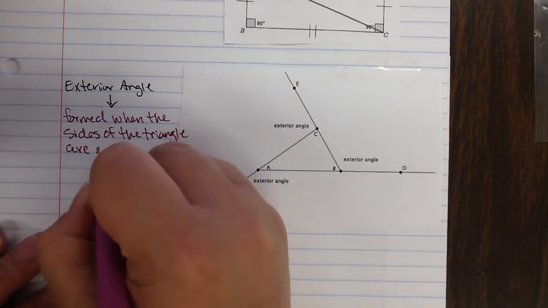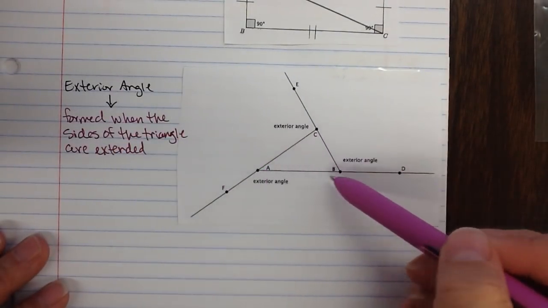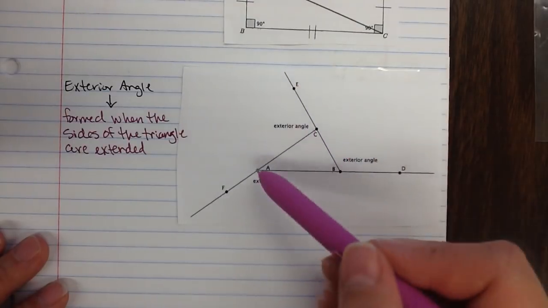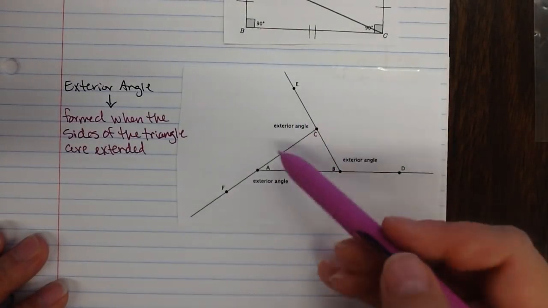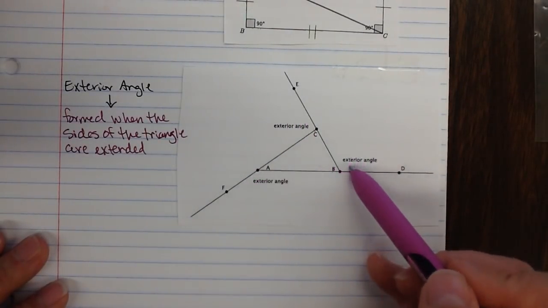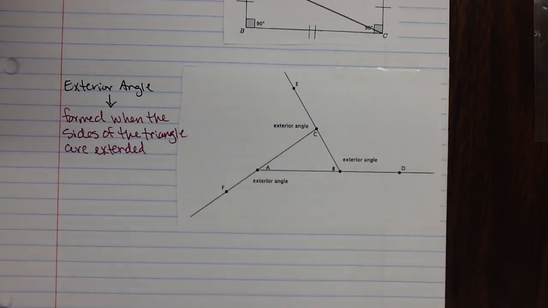So here's our triangle ABC, and the sides have been extended out. So it's kind of like a triangle with arms on it. The angles that it forms on the outside are called exterior angles. Exterior means outside.